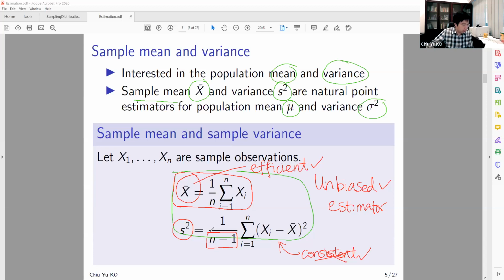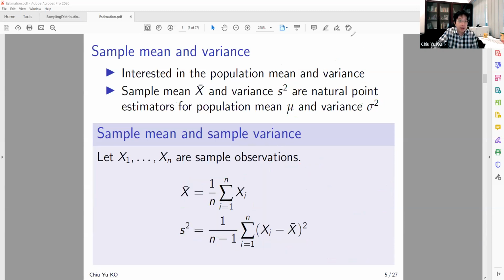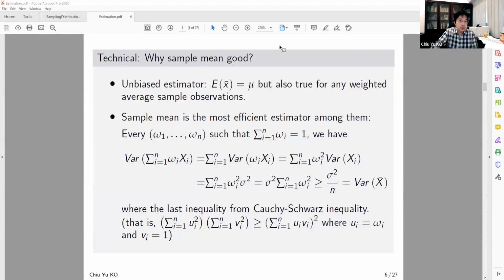Before the break, we want to show you the first two results: X bar is efficient and unbiased. Actually, unbiasedness we showed in the last class, right? Because X bar is the summation of xi over n, and each expectation is mu.